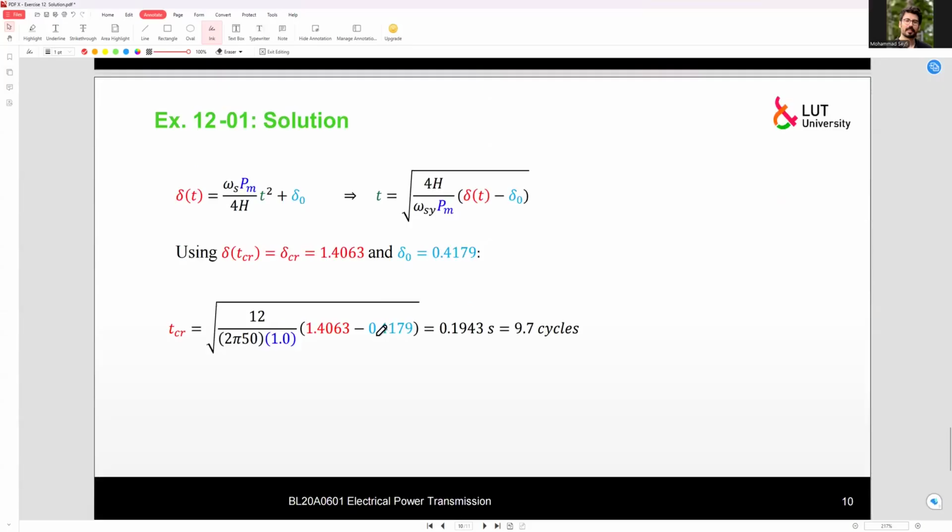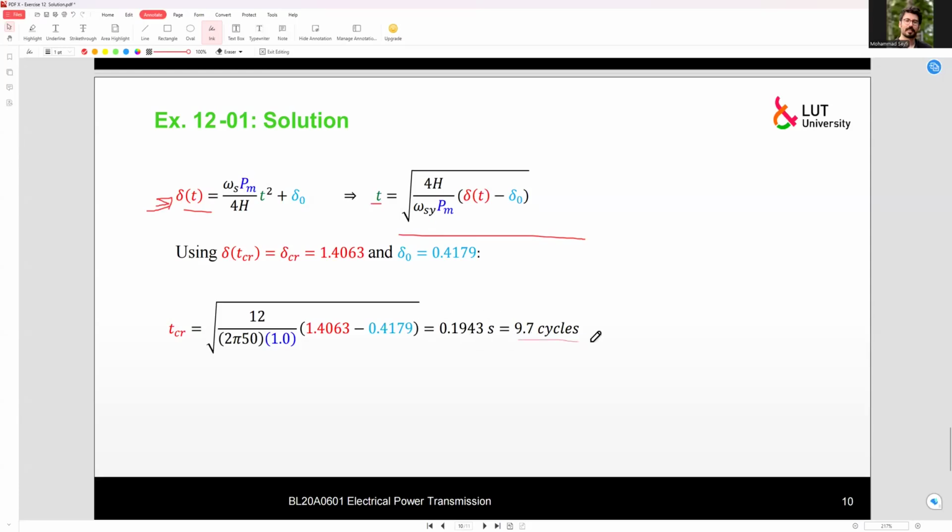And at the end, we use the swing equation to find the time at which we have the critical angle that we calculated. So for that, we put the angle value there, and based on that, we calculate the time.